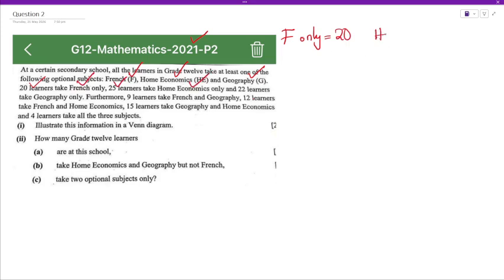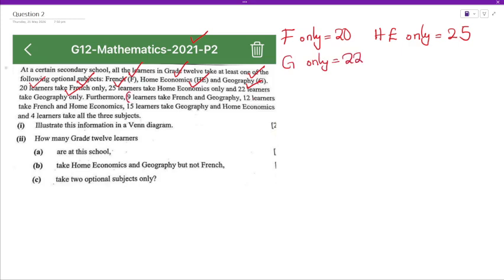HE only, we have 25. 22 learners take geography only. So geography only, we have 22 learners.